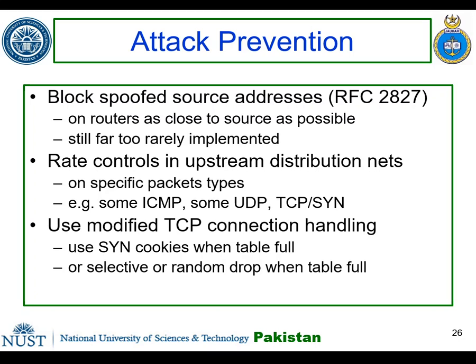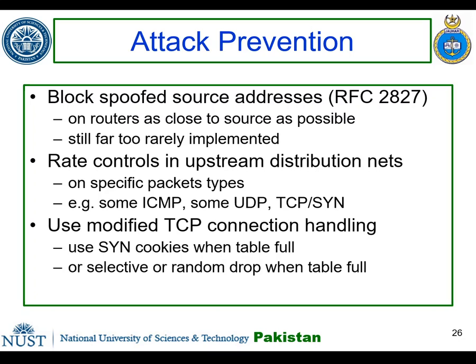Attack prevention. A critical component of many denial of service attacks is the use of spoofed source addresses. One of the fundamental and longest standing recommendations of defense against these attacks is to limit the ability of systems to send packets with spoofed source addresses.